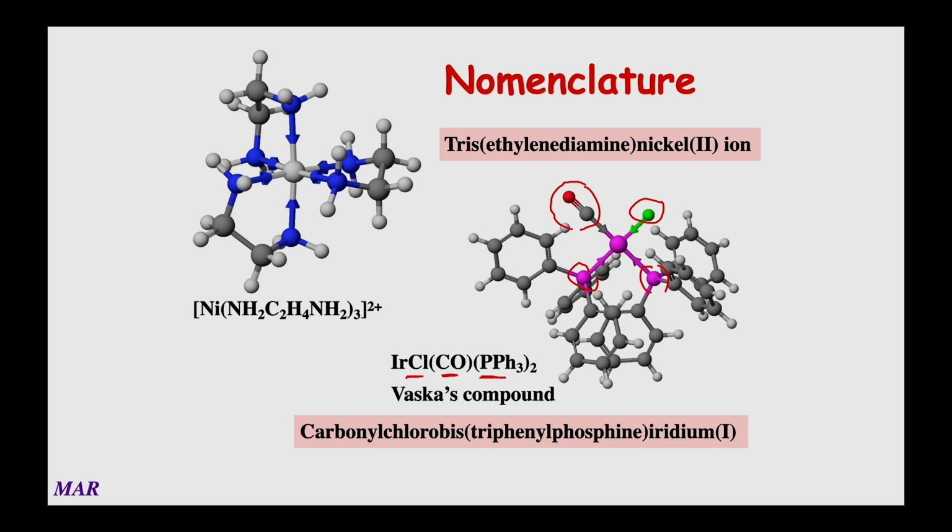You can probably see why everybody calls it Vaska's compound and not carbonylchlorobis(triphenylphosphine)iridium(I). Oh my goodness, that's a long name. If you see a long name like that, break it down. All right, break it down into pieces that look familiar. So carbonyl, chloro, there's the word bis with that kind of thing, and then the metal with the ion.